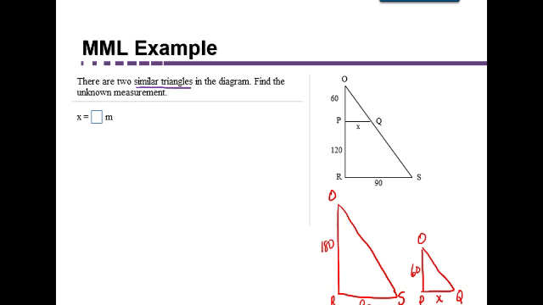Since we were told they are similar triangles, and I know angle O is the same as angle O, then it must be that triangle ORS is similar to OPQ, same shape. And the way we write that is ORS triangle is similar to OPQ. Alright, we can set up proportions.